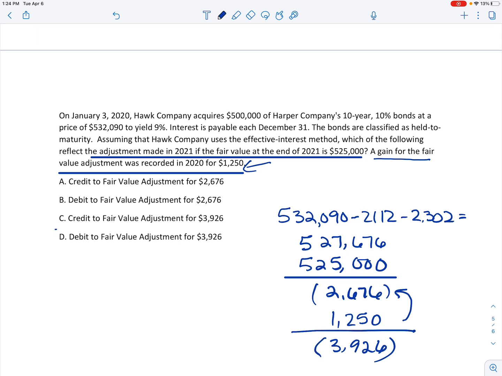So the answer should be a debit to the unrealized holding loss, because it's a loss.